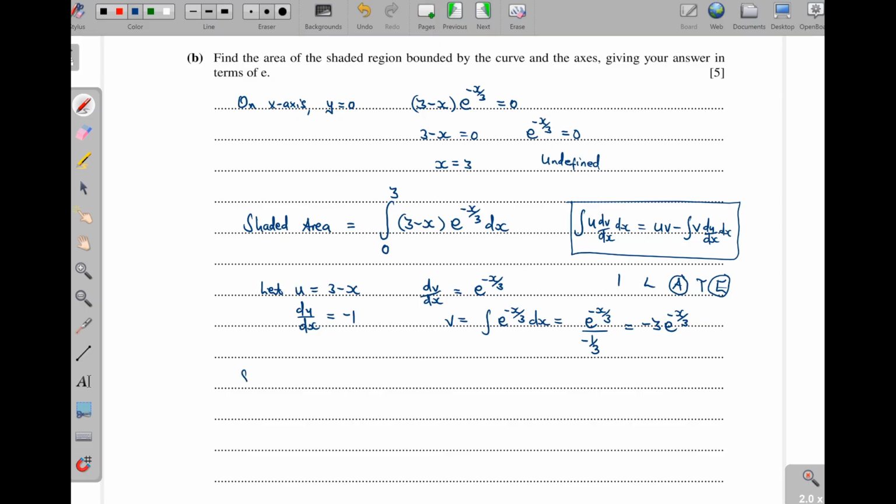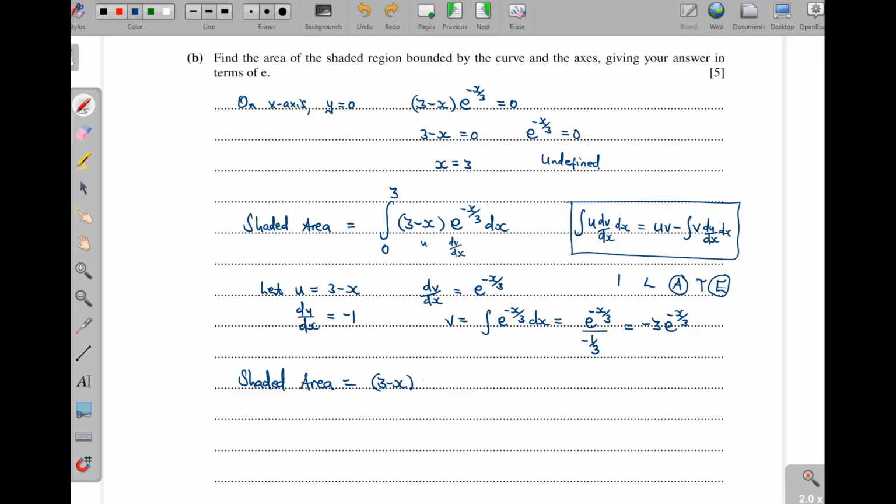Now, our shaded area is therefore going to be equal to, we are integrating this. So this is our u, this is our dv dx. Now we have u, which is this one, so that is 3 minus x. Then we need v. So v is this one here.